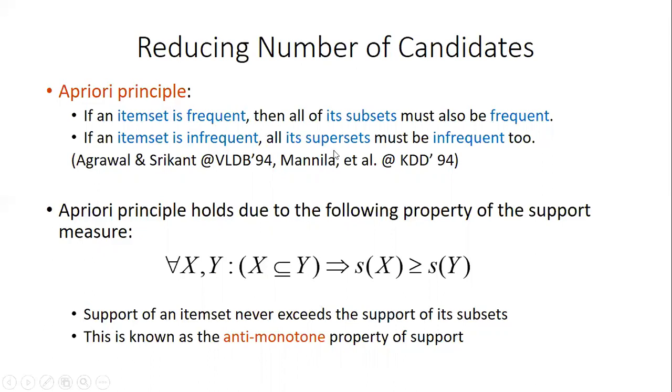Why the name Apriori? The name of the algorithm is Apriori because it uses prior knowledge of frequent item set properties.